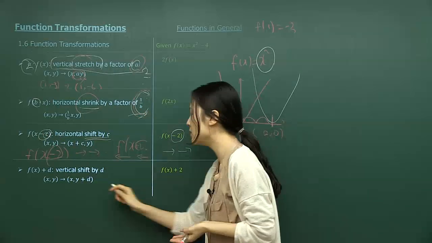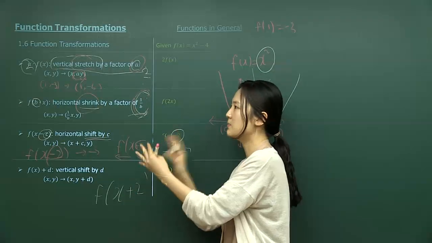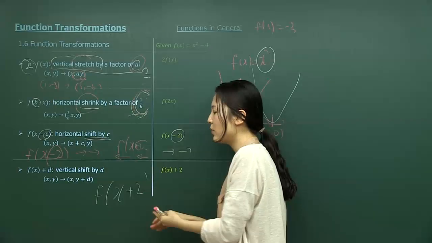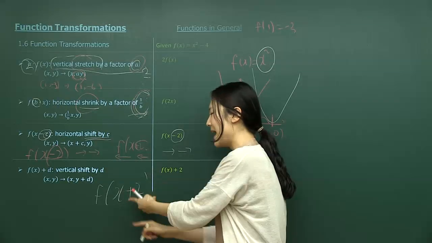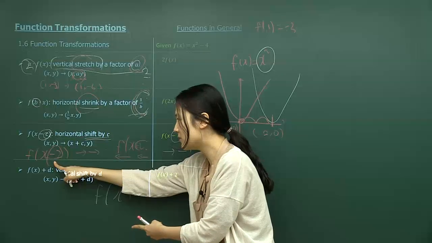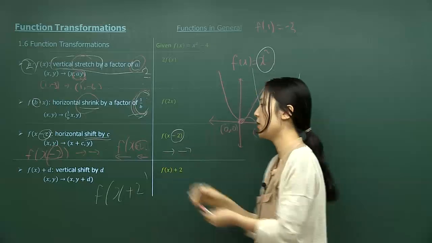Usually when people see a plus sign, they imagine this being added, right? But for horizontal shift, it's the other way around. So again, if it's added by 2, it's actually going to the left, all right? Subtracted by 2, then it is going to the right. Just remember that part, then you'll be okay.